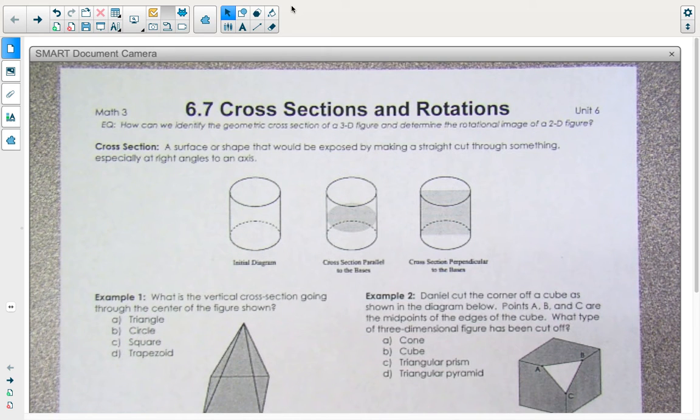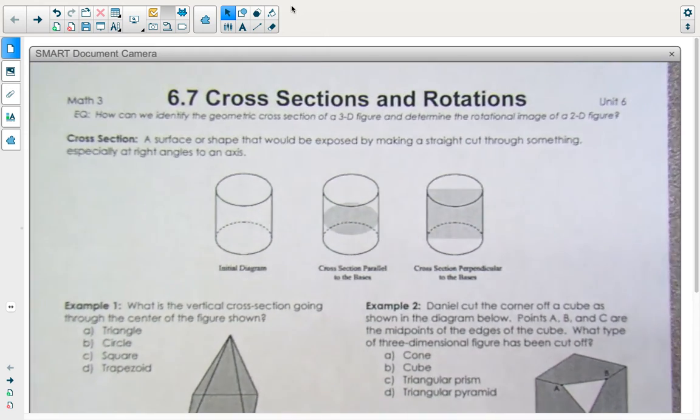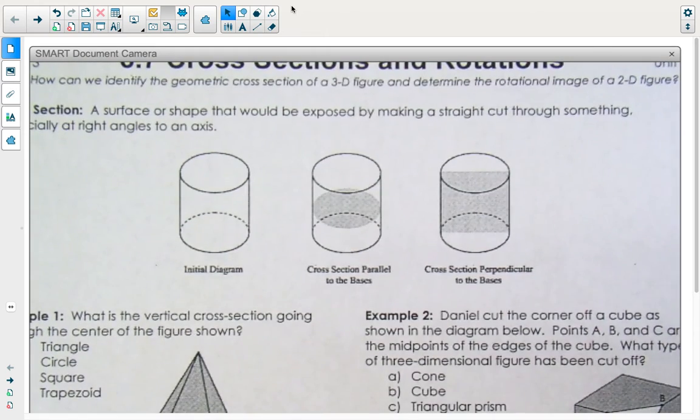So now we're going to go through and do some examples. How can we identify the geometric cross section of a 3D figure and determine the rotational image of a 2D figure? A cross section is a surface or shape that would be exposed by making a straight cut through something, especially at right angles to an axis. So we have our initial picture, our cylinder.